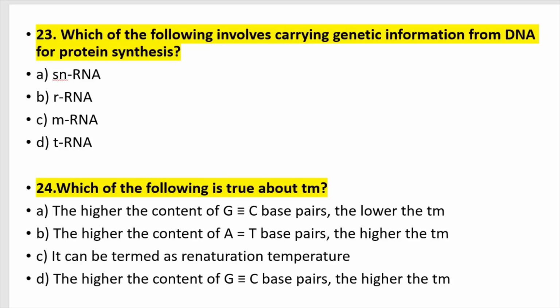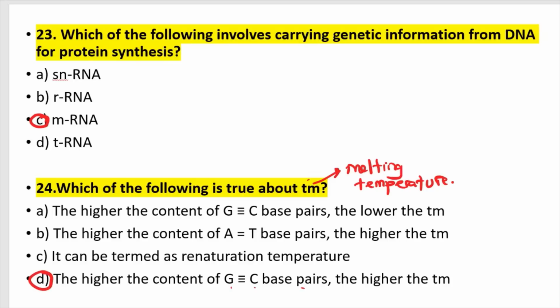23. Which of the following involves carrying genetic information from DNA to protein synthesis? It is mRNA. Which of the following is true about Tm? Tm simply means the melting point, the melting temperature. The melting temperature is increased by the higher content of the G-C base pairs.